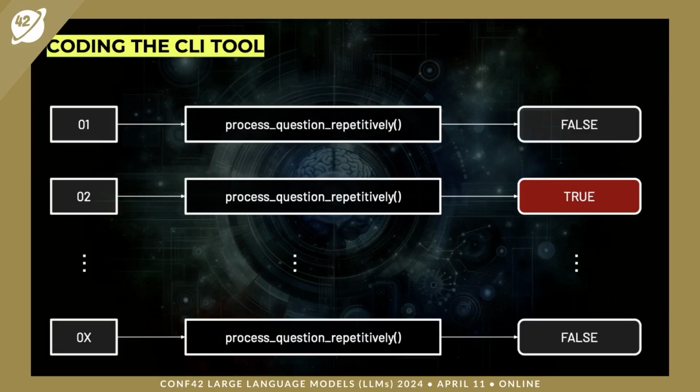So here, even if this slide looks very similar to the previous one, the underscore repetitively now replaces the process question function earlier. So if you have, let's say, 1,000 scenarios, those 1,000 scenarios won't just be run once each.